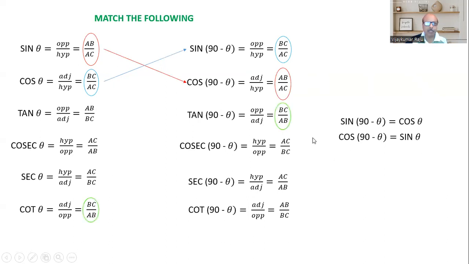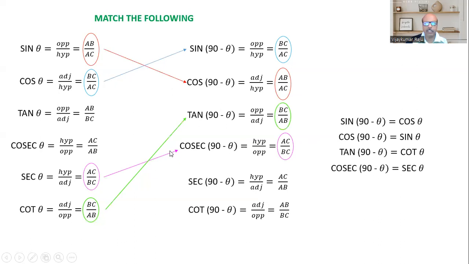Take the third one. BC upon AB, BC upon AB, it's here. So that means tan 90 minus theta is cot theta. Next, cosec 90 minus theta, AC upon BC. You have got AC upon BC here at sec theta. So this is a pairing.